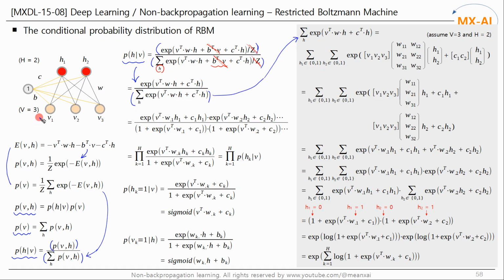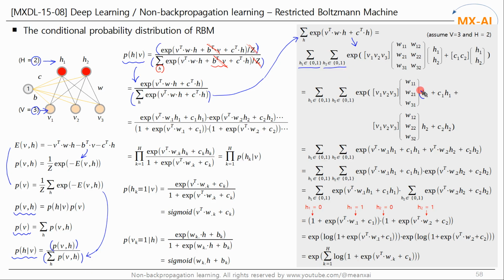To simplify the problem, let's assume there are only 3 neurons in the visible layer, and only 2 neurons in the hidden layer. This vector expression can be written in scalar form as follows. Since we are dealing with a binary restricted Boltzmann machine, each H is either 0 or 1.